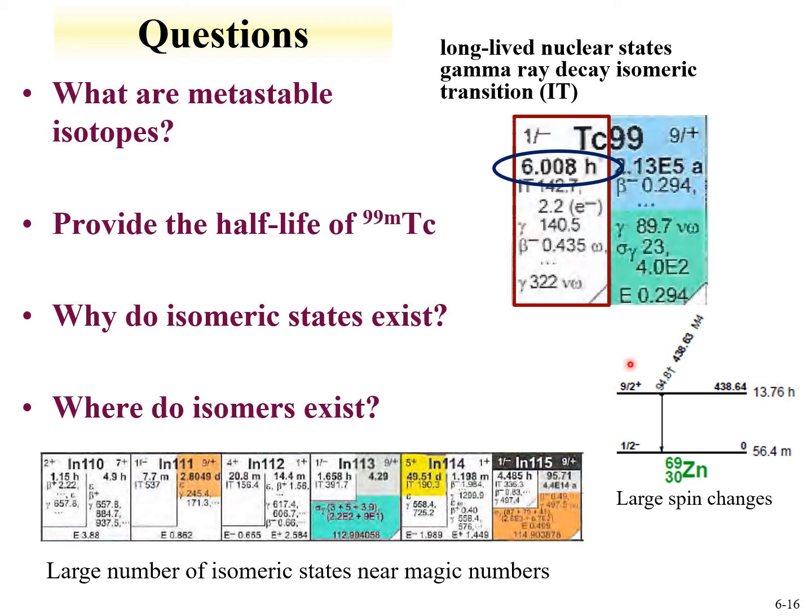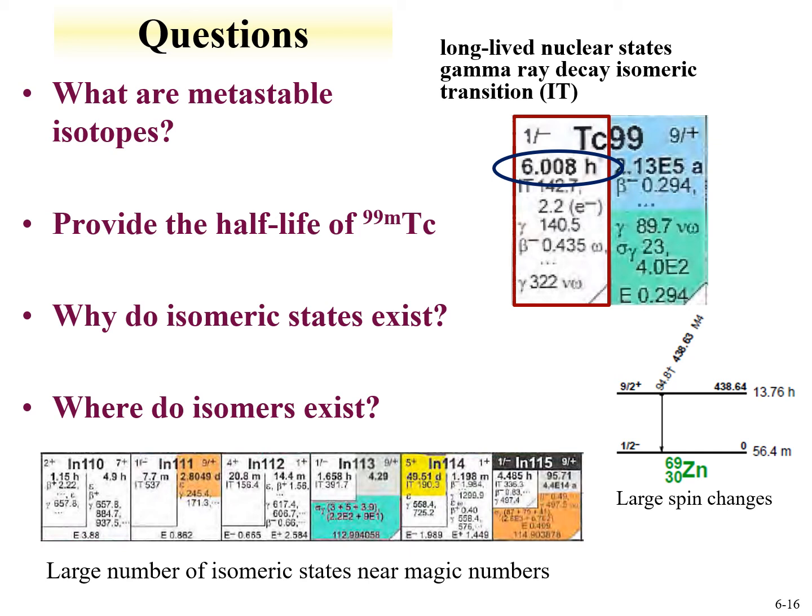That's because this nuclear excited state has a spin and parity of 9/2 plus, while the ground state has a spin and parity of 1/2 minus. So there's a large spin change along with a parity change. This is forbidden to a large extent, so the probability of that transition is small, and for that reason the half-life is long.